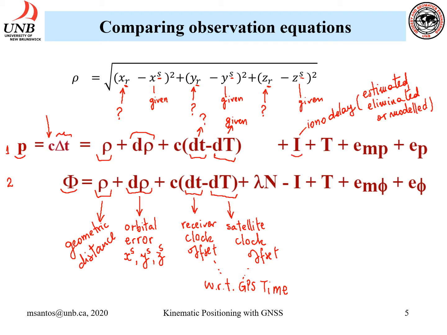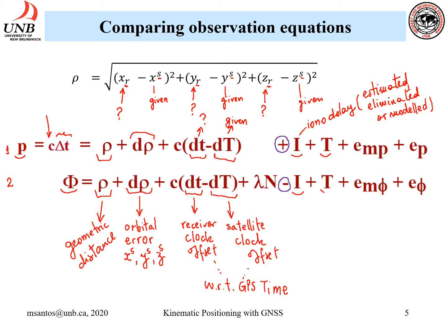So we have these two terms here, and there is this difference in sign, which is very important when we compare the carrier phase observation equation and the pseudo-range observation equation.